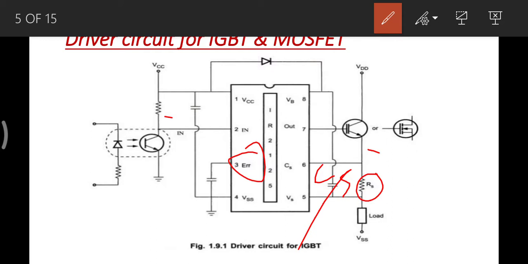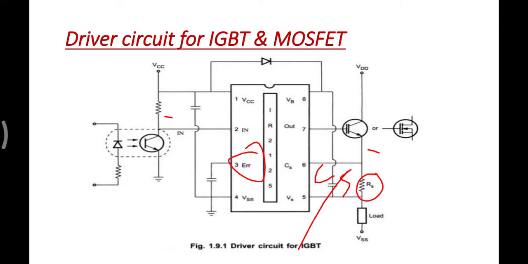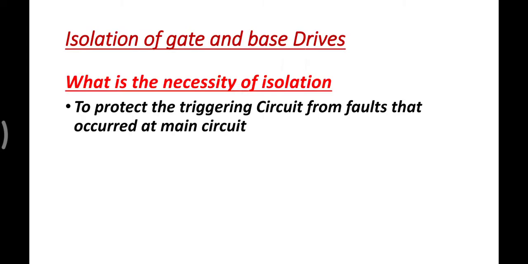So these are the two important circuits used as the driving circuits of MOSFETs and IGBTs. Students, the next topic we are going to discuss is isolation of gate and base drives.